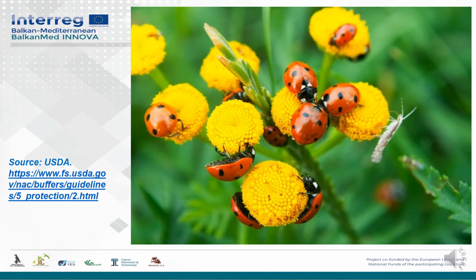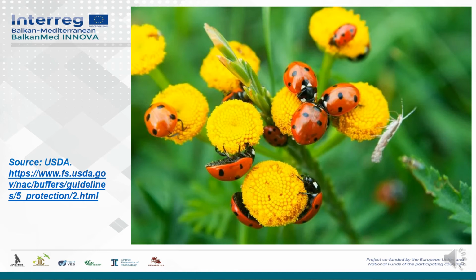And here we see a beautiful lady beetle, which is considered a symbol of organic agriculture. It is a beneficial insect, which is mainly considered to attack some insect species which are pests for us.